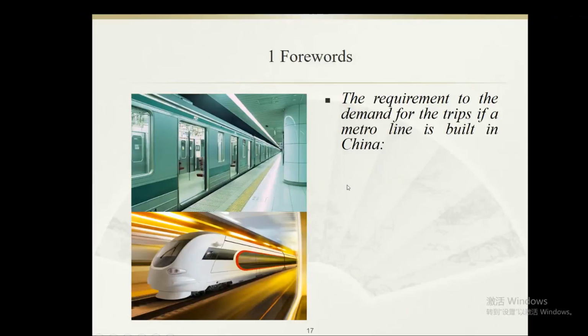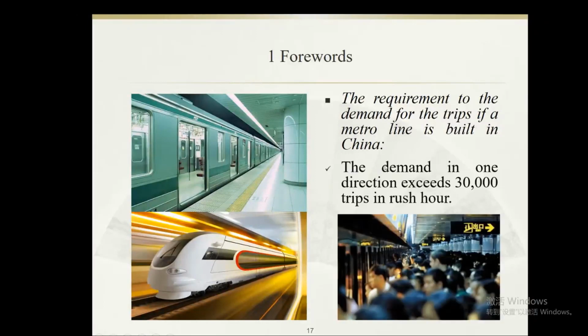In China, if we want to construct a metro line or urban light rail, we need to do it according to a very serious law. The requirement for the trip demand: if a metro line is built in China, the demand in one direction must exceed 30,000 trips in rush hour.